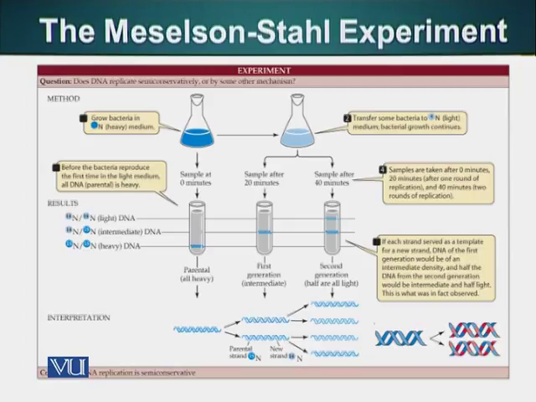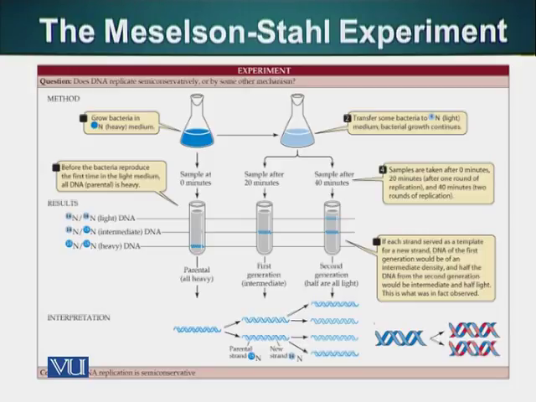When these bacteria were allowed to grow, after they had multiplied for several generations, their DNA was extracted and put in the centrifuge. We have already seen how we use a centrifuge. It basically increases the gravitational pull on the sample, so whatever is heavy comes to the bottom and whatever is light stays at a higher level.